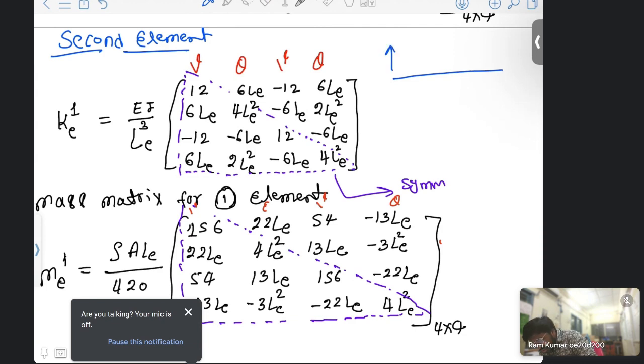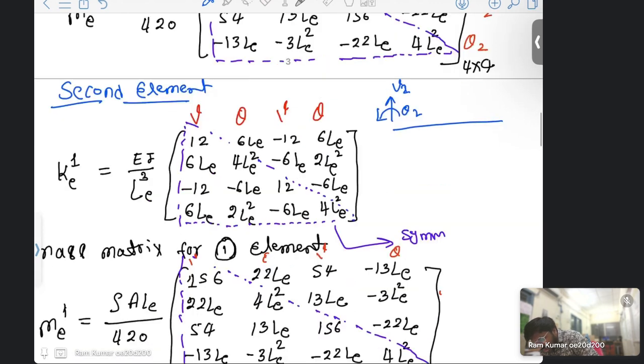It has first, second. So it has B2, theta 2, and this node has B3, theta 3. So this is node 2, this is node 3, and this is our second element. So it will be B2, theta 2, then B3, theta 3.